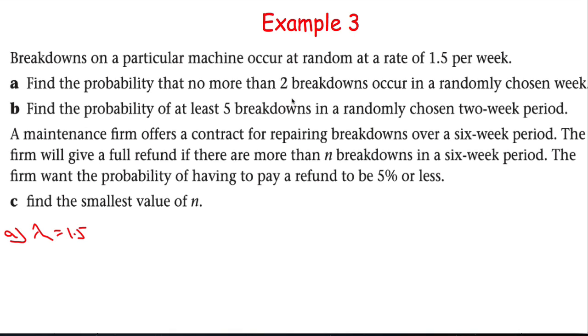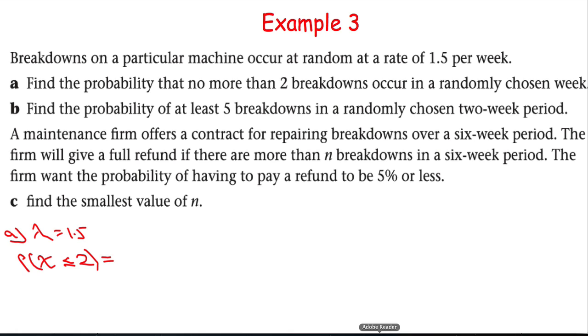Find the probability that no more than 2 breakdowns occur. So what we're looking for is the probability that x, if x is a breakdown, is less than or equal to 2. So the probability that x is less than or equal to 2 when lambda is 1.5. So no more than 2, which means it's either 2, 1 or 0.